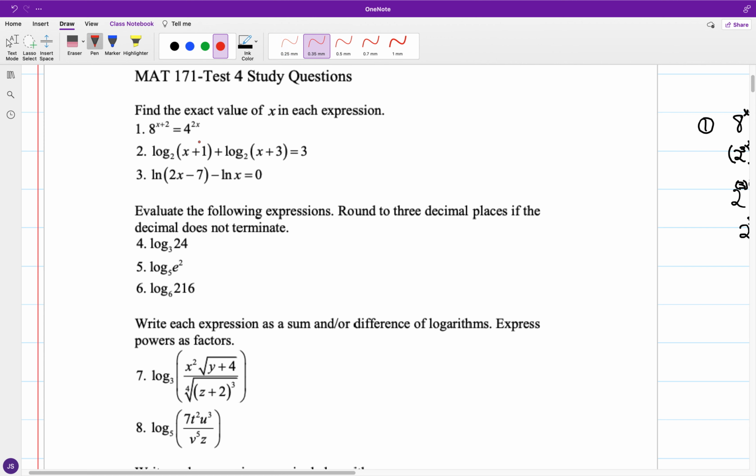And I would just mention, for x plus 1, x plus 3, and also what leads to the third problem, 2x minus 7 and the natural logarithm of x, all the attachments that we have must be positive.